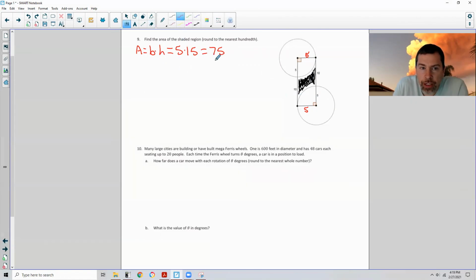Obviously, we have the shaded region here. What we want to do is subtract this region and this region from the rectangle to get the shaded. So it's going to be 75 minus these two areas. Okay. So actually, let me make that red.